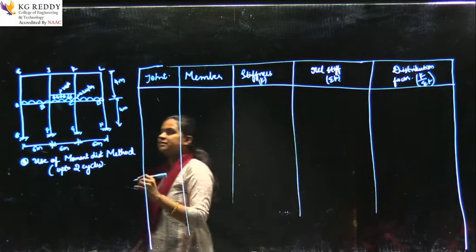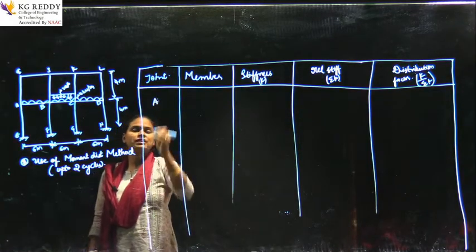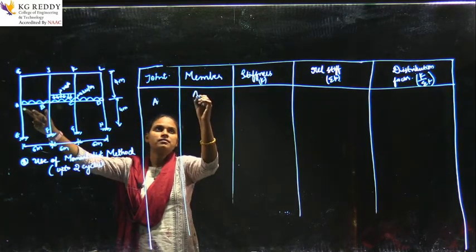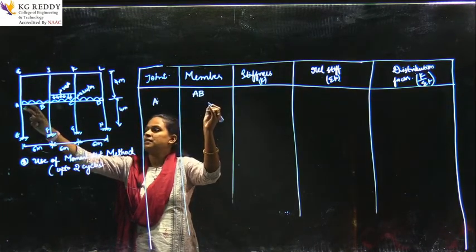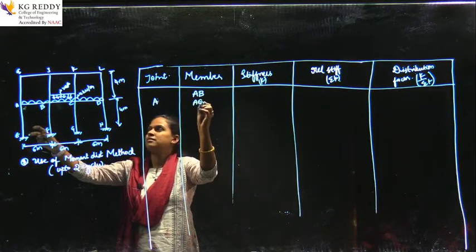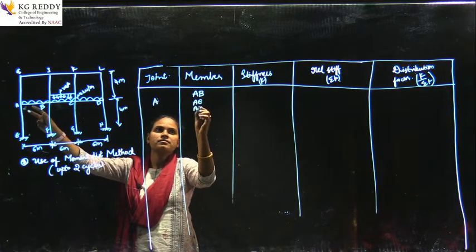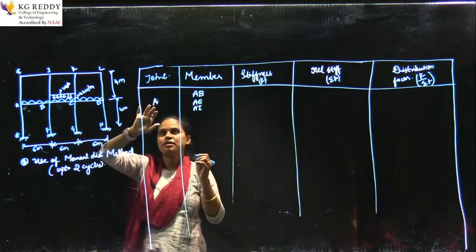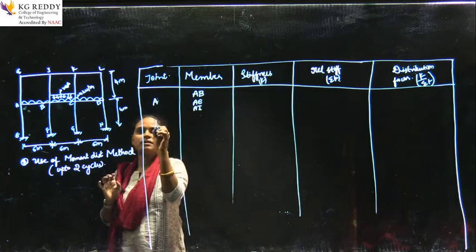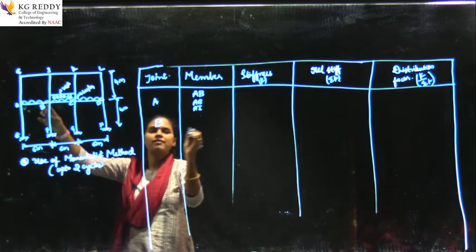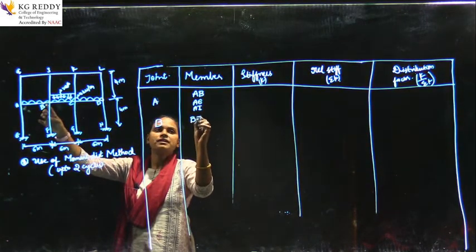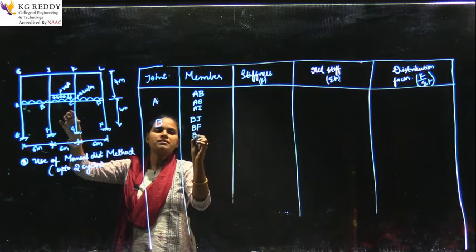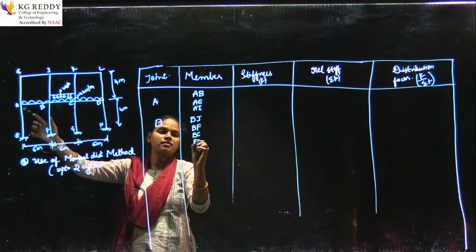First you will take joint A. What are the members of joint A? You can see AB, AE, next AI. Right, these are the members related to joint A. Next for joint B, you have BJ, BF, BC and BA.